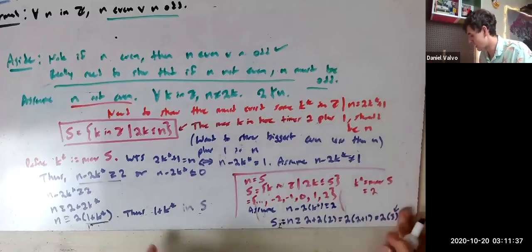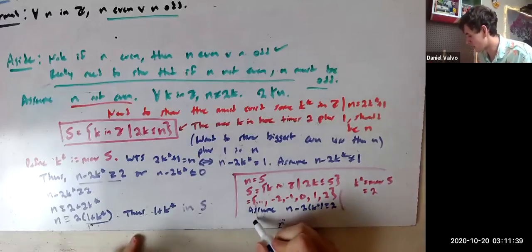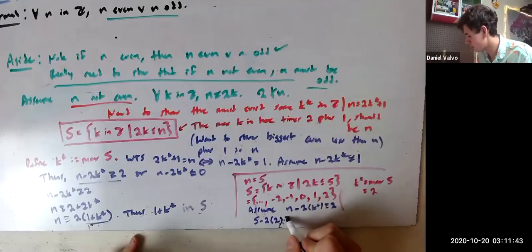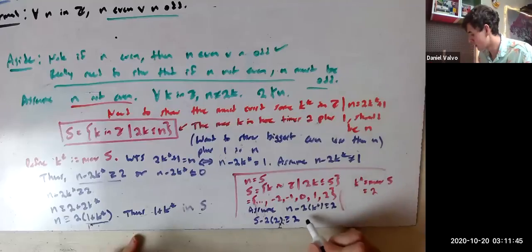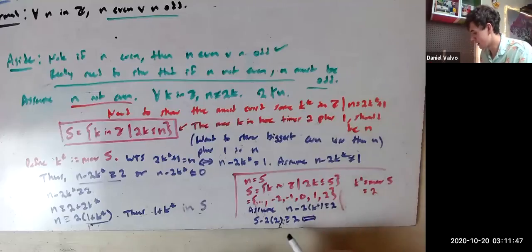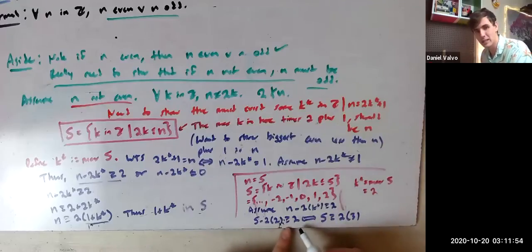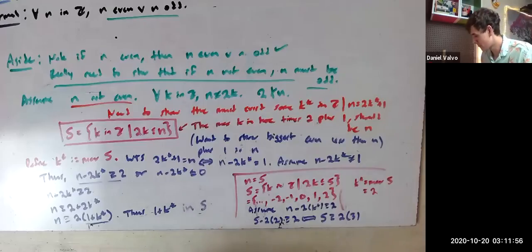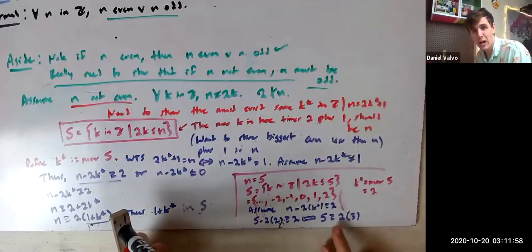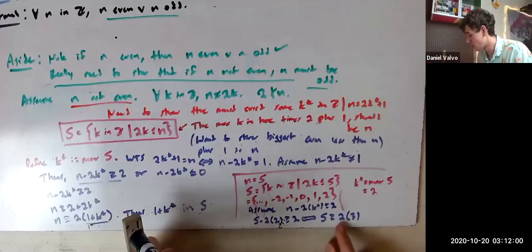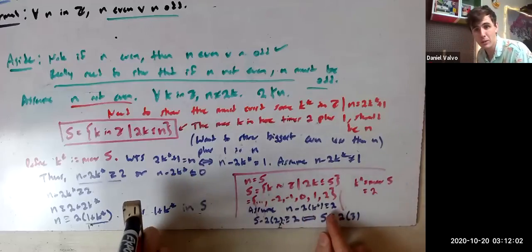That's saying that 5 minus 2 times 2 is greater than or equal to 2, which would be saying that 5 is greater than or equal to 2 times 3 based on the math we just did, adding the 2 times 2 to that side. And this is obviously not true. 5 is not greater than or equal to 6. So our n minus 2k star can't be greater than or equal to 2.